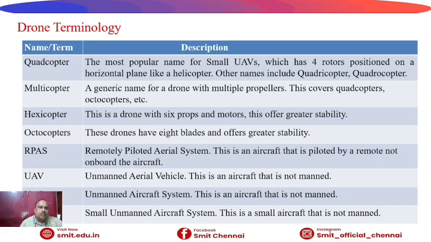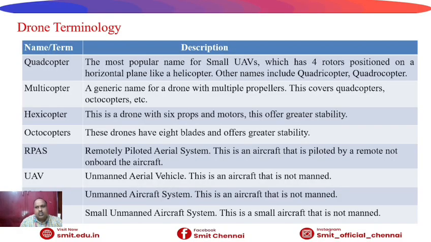So these are the drone terminology. Here I specified the name and term and also the description about that. So first is quadcopter. This is the most popular name for a small unmanned aerial vehicle which has four rotors positioned on a horizontal plane like a helicopter.